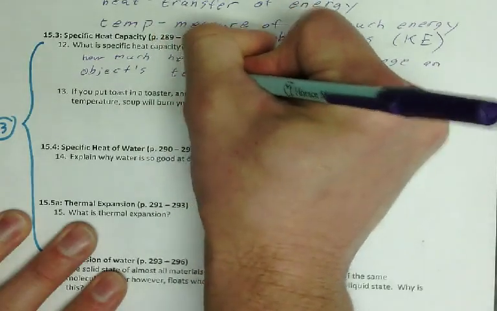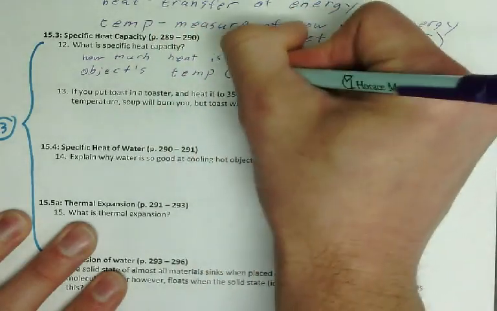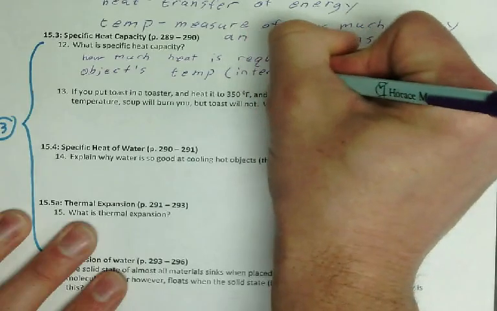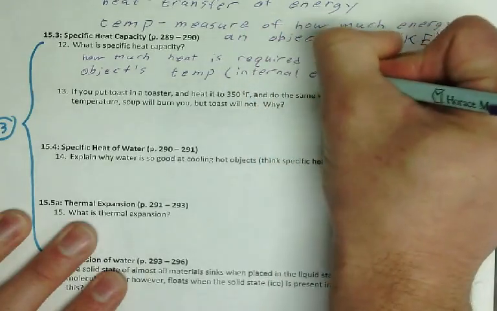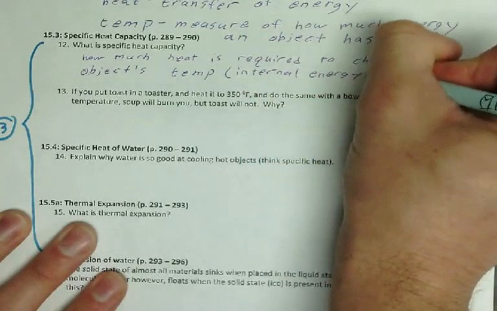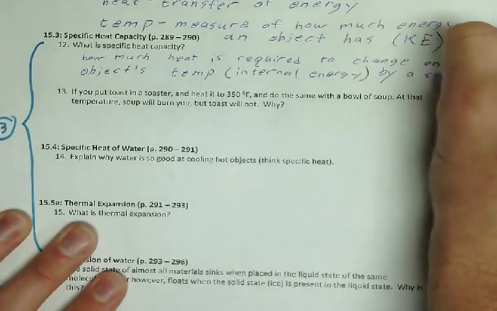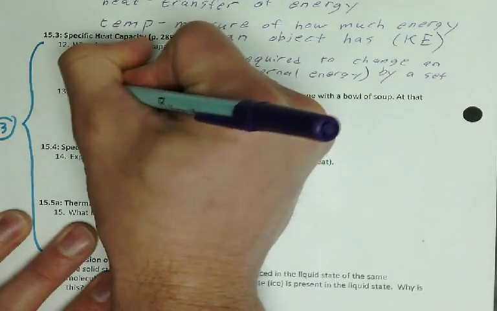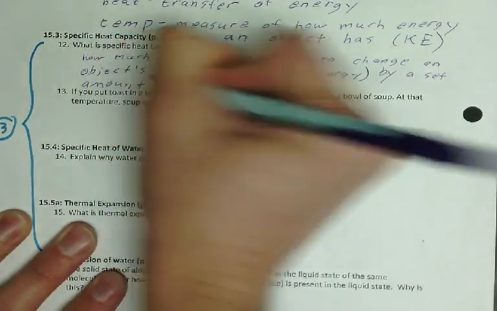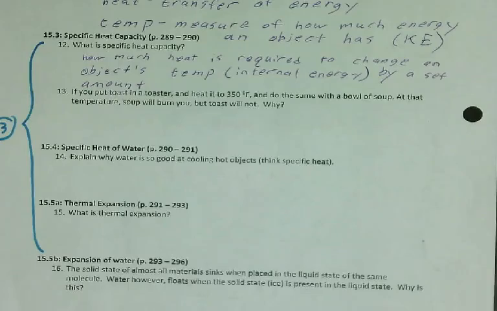And remember, temperature is basically a measure of its internal energy. By a set amount. Usually that set amount is 1 degree Celsius per gram of object.